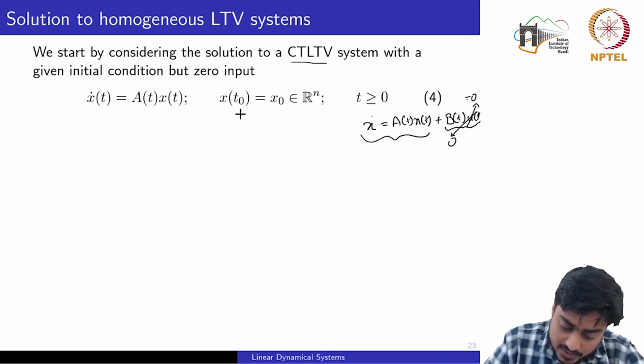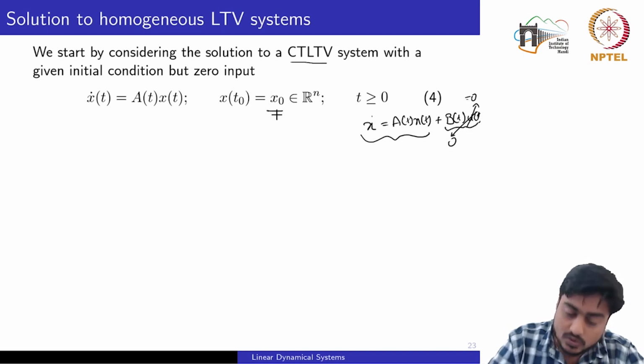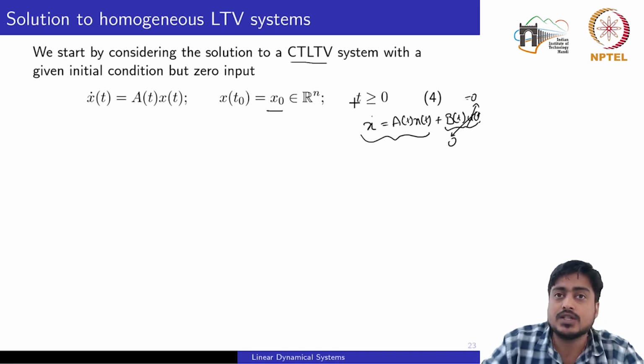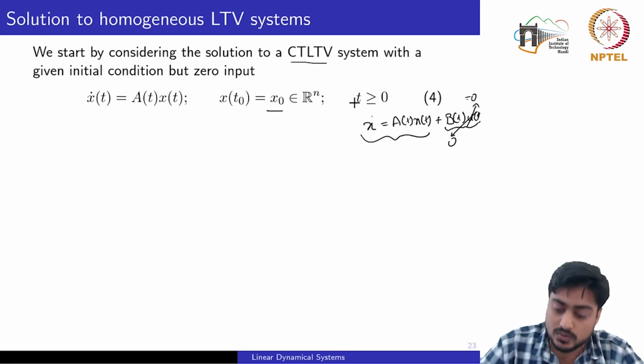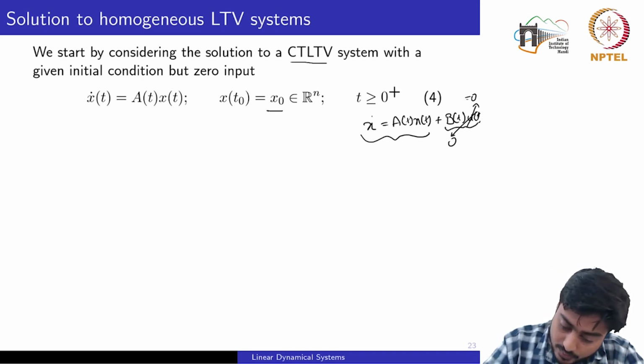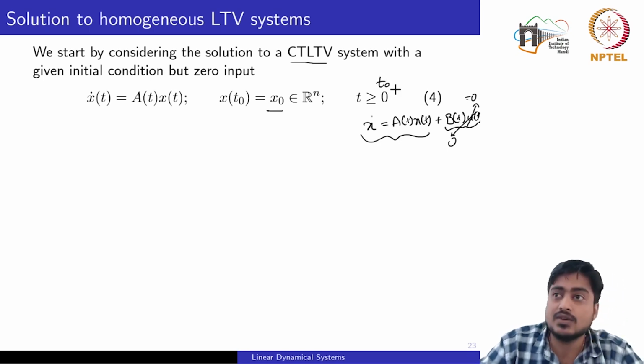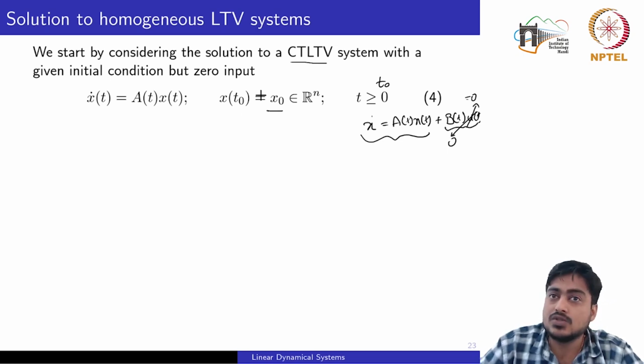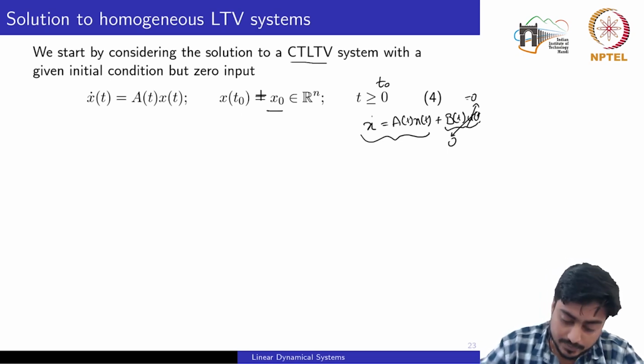The initial condition at time t equal to t naught is denoted by x naught, again an n-dimensional vector, and we are computing the solution for all t greater than or equal to t naught. You should treat this as t naught, because if t naught is equal to 0, then we have the initial condition at t equal to 0 rather than at time t naught.